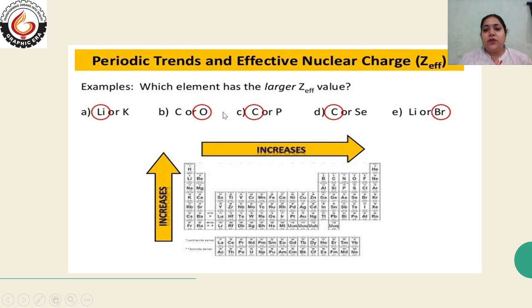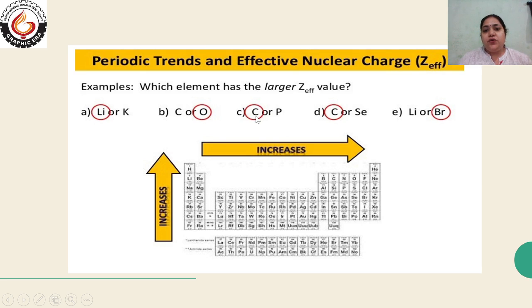If we are talking about carbon and oxygen, this is comparison in a period. So the carbon is having lesser Z effective value as compared to the oxygen, because the amount of nuclear charge is more in oxygen as it is having more atomic weight.